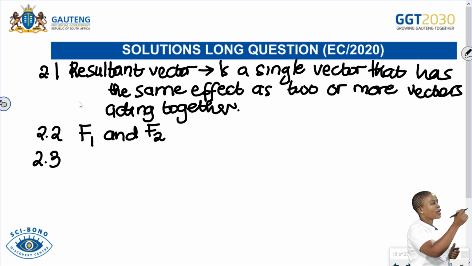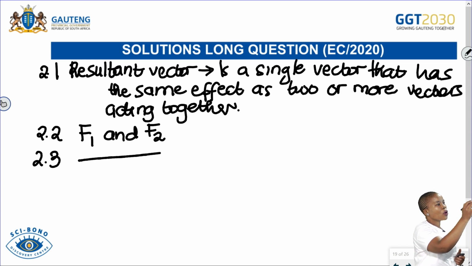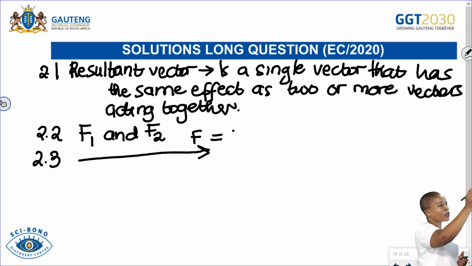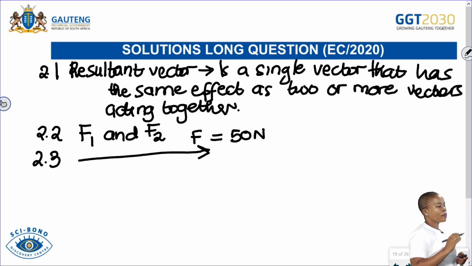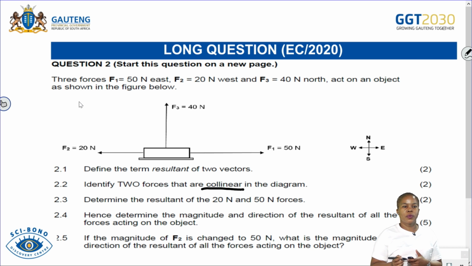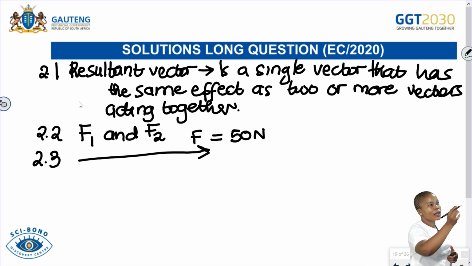So let's get cracking. Here's your F, I'll make it slightly longer, and it is 50 newtons. Let's check which one is which. It is our F1.